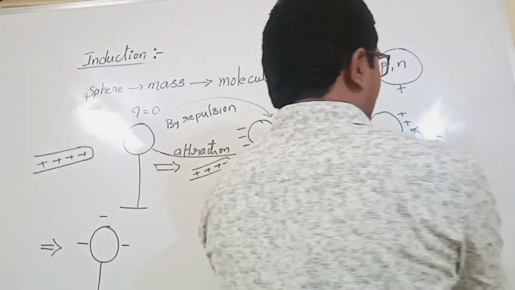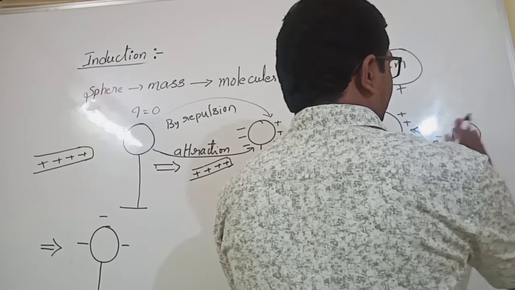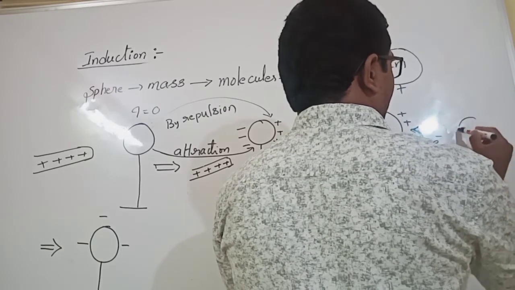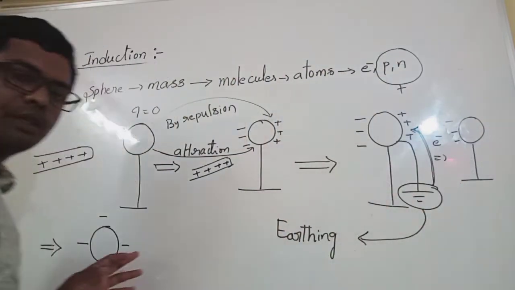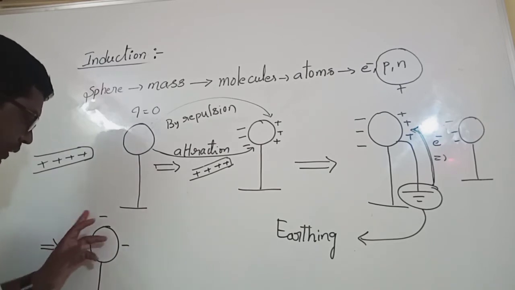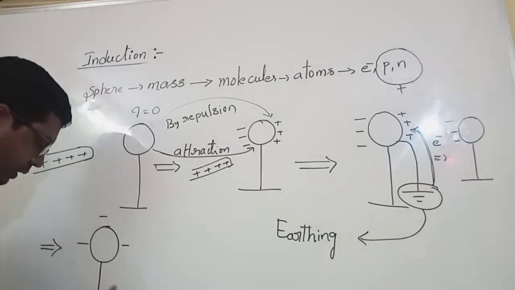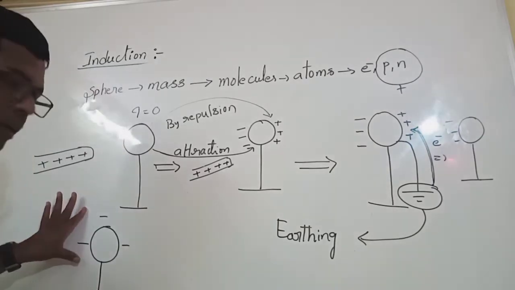How many charges are available? 3 positives are there. These 3 positives are redistributed like this: positive, negative, negative, negative. This is an insulating stand. So this is called the induced charge.